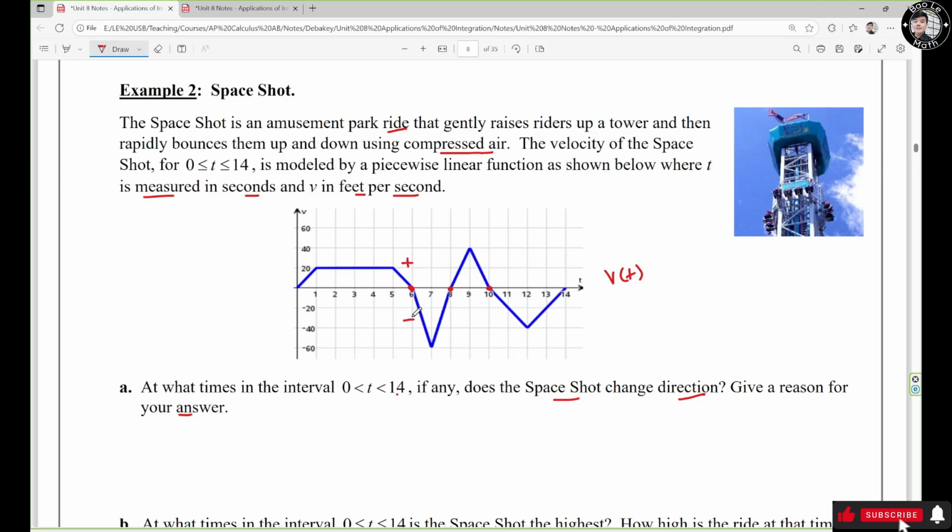So positive to negative, and this one is negative to positive, this one positive to negative. So you need to say the space shot changes direction at t equals 6, t equals 8, and t equals 10 seconds, because the sign of v of t changes at these values.